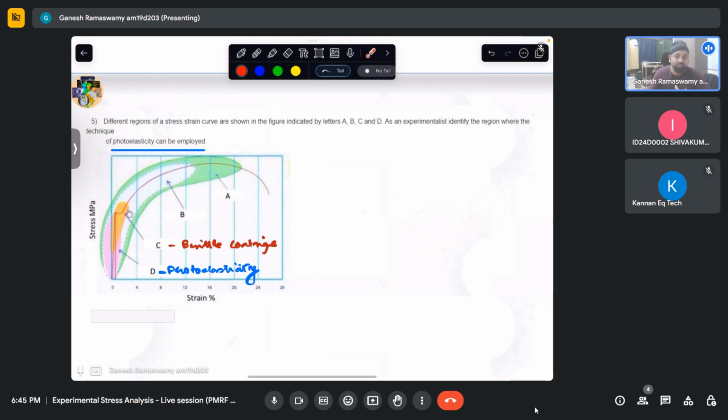But unlike photoelasticity, which will give you fringe contours of isochromatics, strain gauge amplifiers will give you the value of strain. So that also very much starts from zero, right from the start of the experiment. And it can go well beyond the plastic region. It is quite versatile that way.